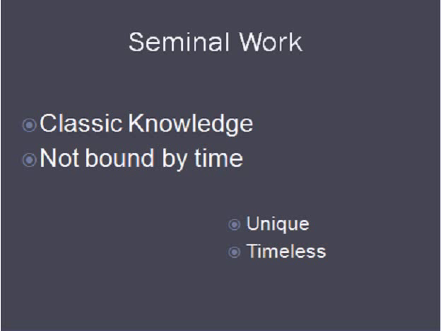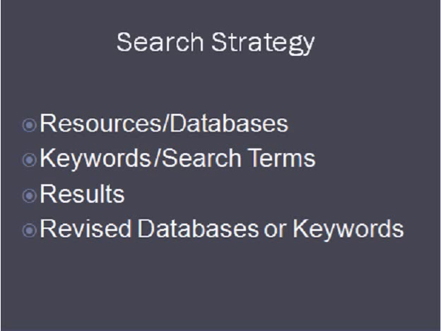There's a third piece of evidence, and that's the seminal work. Classic knowledge is not bound by time, definitely is unique and timeless. It's got to be pretty important, and it's usually older than most of your research, but sometimes it's very important key work that any expert would say, I would expect to see that in this literature review.